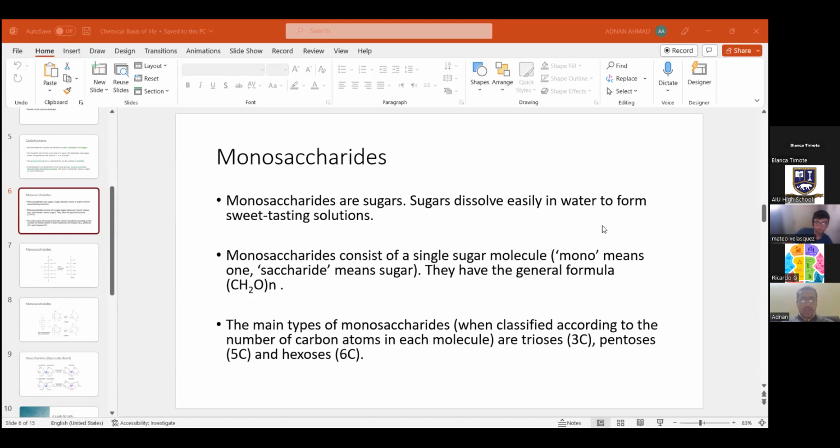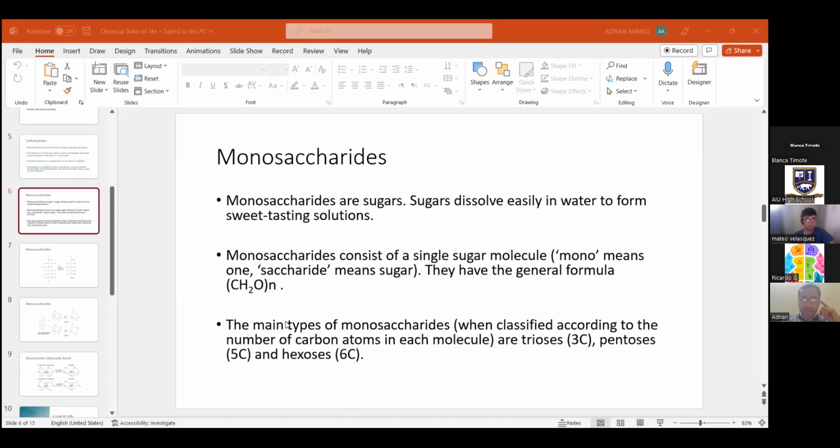And then there are formulas of monosaccharides, which are the simplest carbohydrates, and they can contain 3 carbons, 5 carbons, or 6 carbons. So up to 6 carbon atoms, we are in the range of monosaccharides. And when we go higher, we enter disaccharides and then polysaccharides.